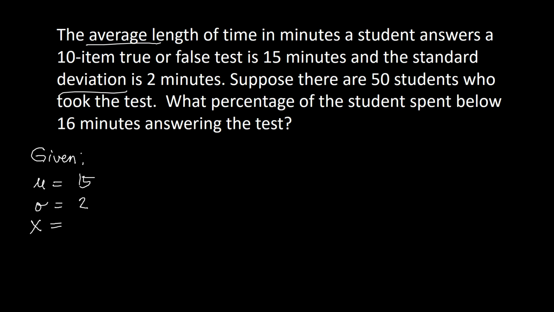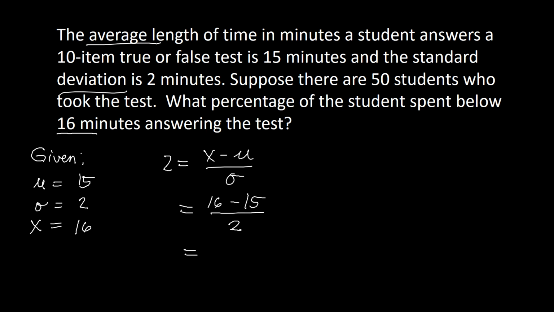Our x value is the one in which we are looking for the percentage of the students that spent below that 16 minutes. So this is our x. So standardizing, this is now z equal to x minus the mean over the standard deviation. Our x is simply 16, our mean is 15, and standard deviation is 2. So we have that one as 1/2, or this is equal to 0.5. So this is our z-score.